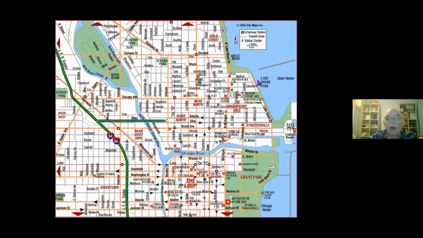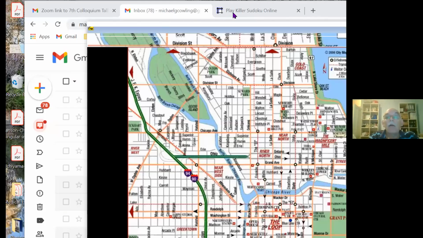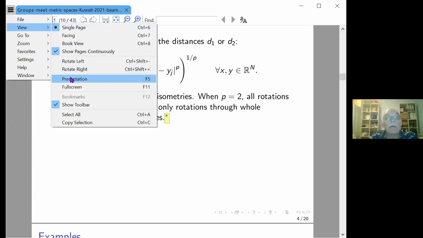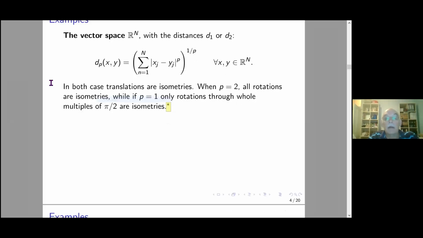But with this distance, you can really only rotate through certain angles. So now let me go back to full screen. So that's an example of a metric space. And then there are lots of other standard examples, and maybe some examples that are not quite so standard.